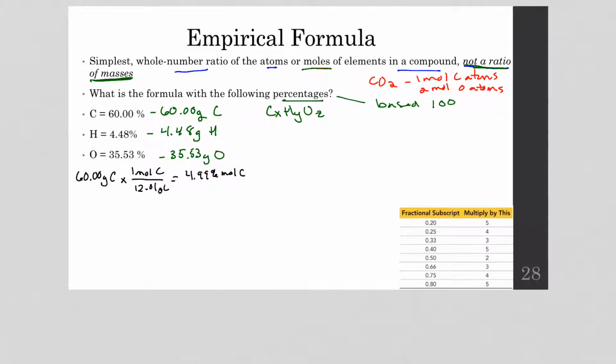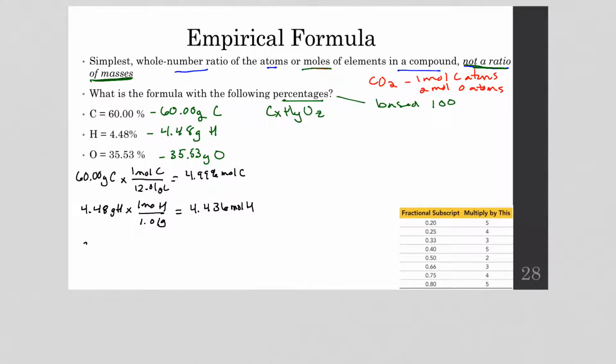We're going to go on and do hydrogen, so 4.48 grams of hydrogen, 1 mole of hydrogen, it's about 1.01 grams. So we do that, we get 4.436 moles of hydrogen.